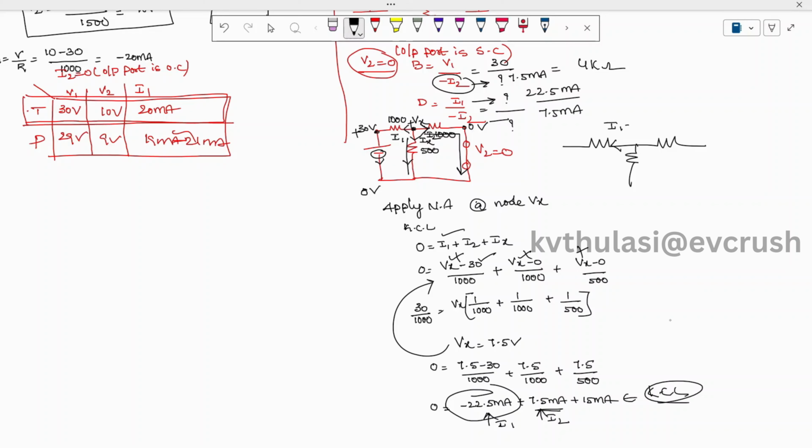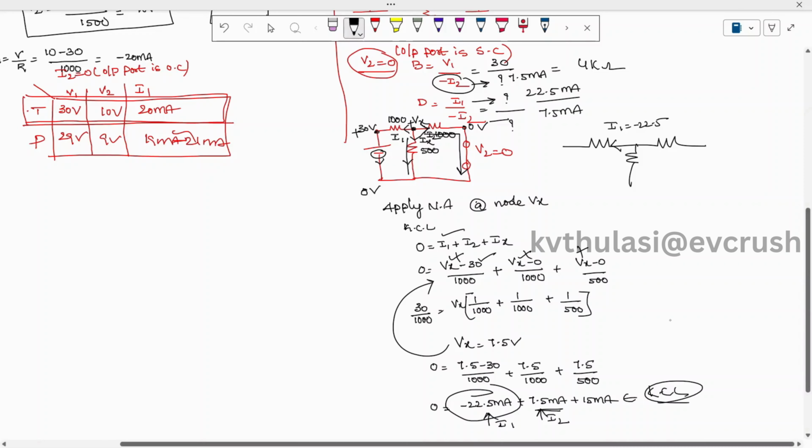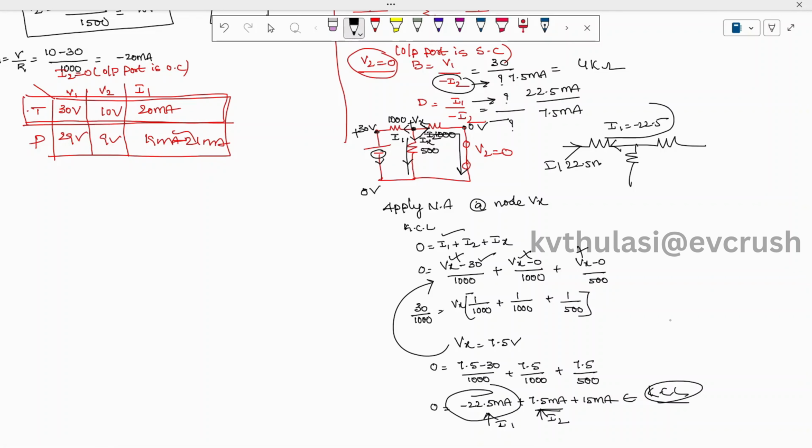So this I1 is how much? Minus 22.5. Whenever it flows in this direction, then it is 22.5. This is the direction of I1. So this is the direction which flows in this direction, and that's why I'm taking this as positive. When you solve it, you're going to get 22.5 divided by 7.5, you are going to get it as 3, and there is no units.